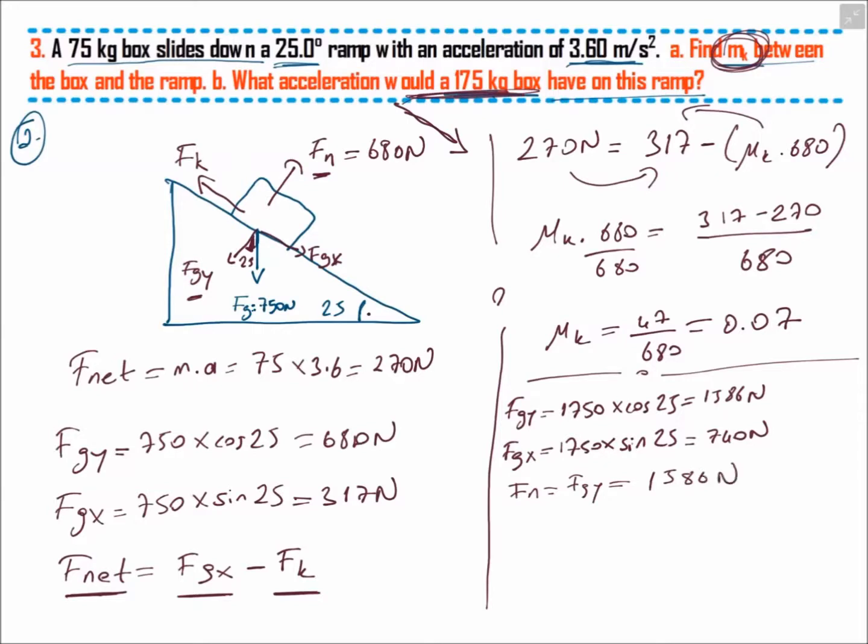Fgy here again, because there is only one force in that direction, 1586 Newton. So acceleration will be Fnet over mass, and the Fnet equals Fgx minus Fk over mass. So Fgx is 740 as we calculated, minus Fk, which is mu k times Fn, so mu k is 0.07 as we calculated at part A, times 1586, over mass.